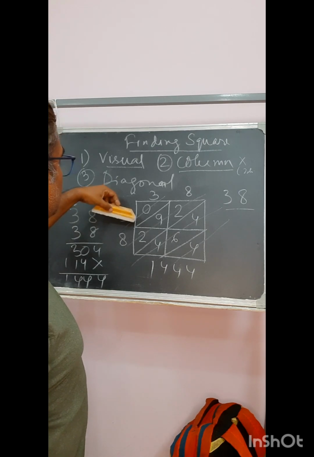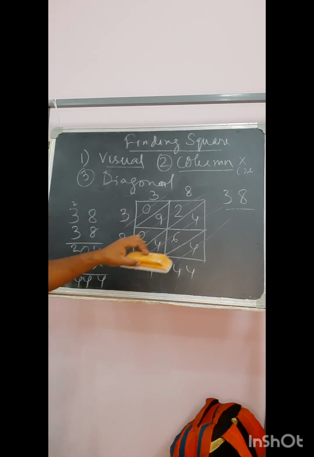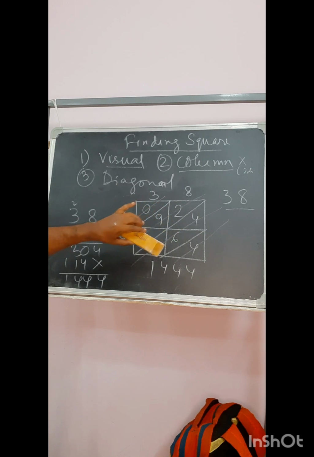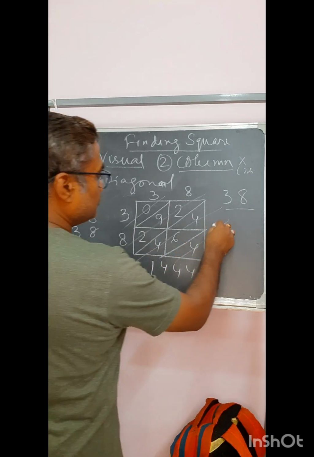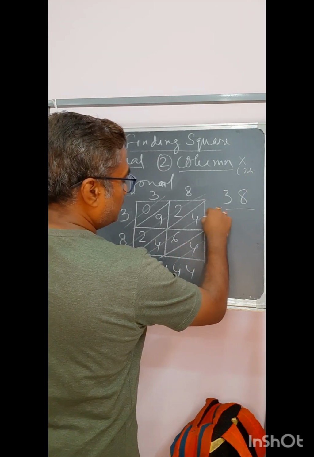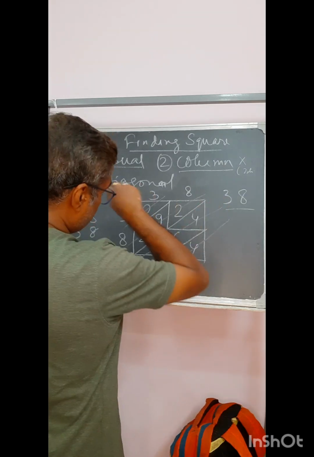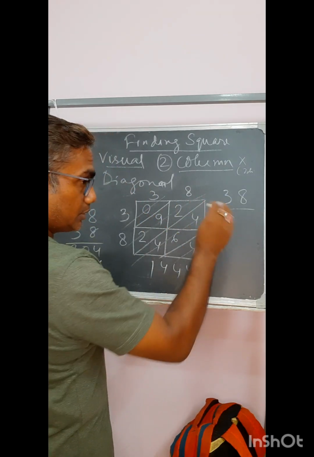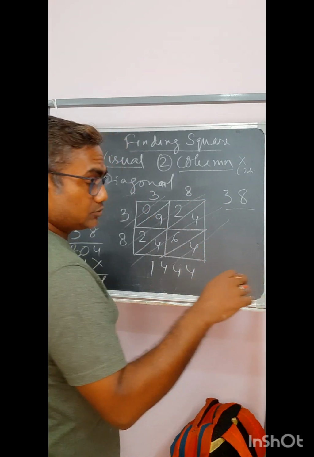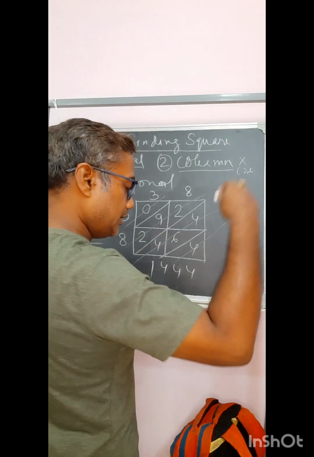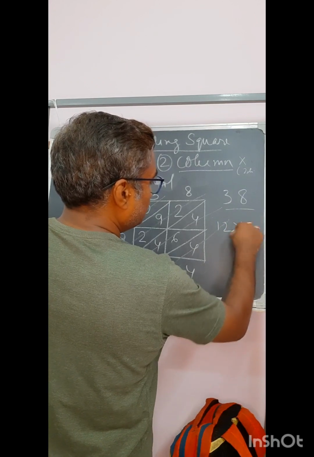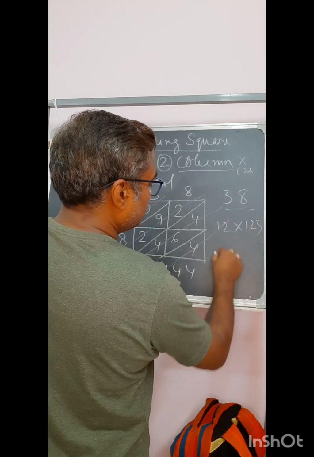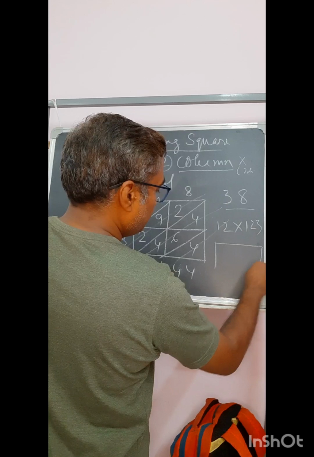This is the third and last method, by which, apart from square, you can use it for any kind of product of any number of digits. If you multiply numbers having 2 digits, 3 digits, or any number of digits, let's say I am taking for example 12 into 123. So in this case, how will you arrange that?